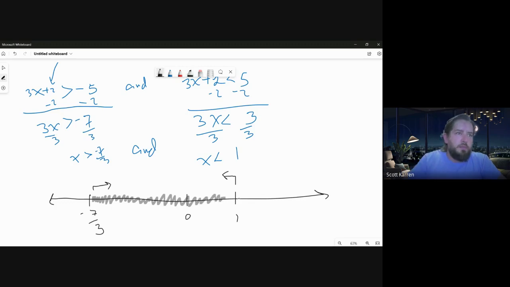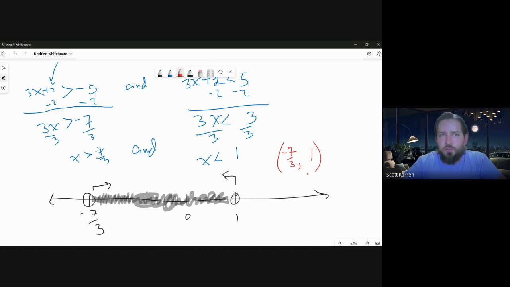It's an open circle because it's a strict inequality, open at negative 7/3 and open at 1. My solution is all of those values in between. In interval notation, that is negative 7/3 with a parenthesis, up until 1, also with a parenthesis.